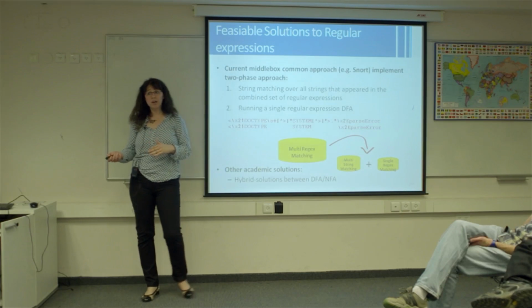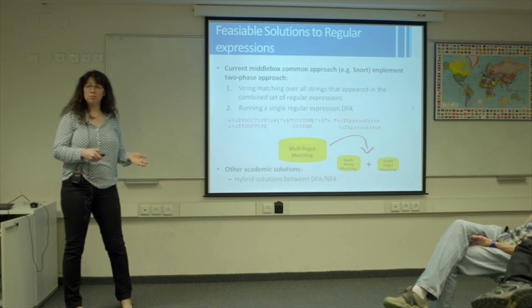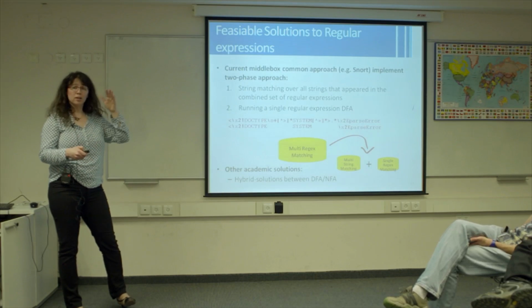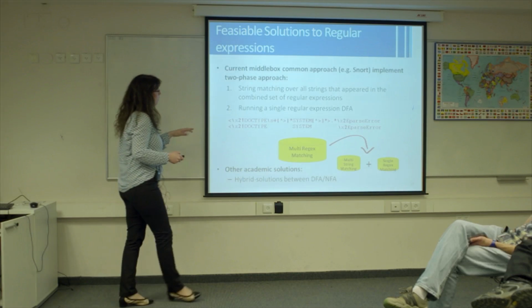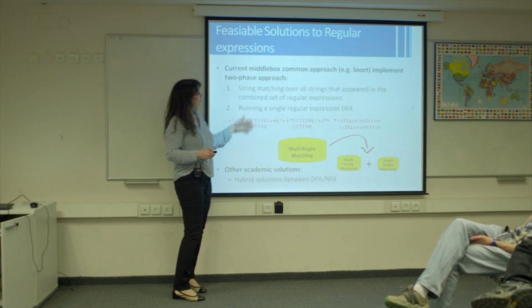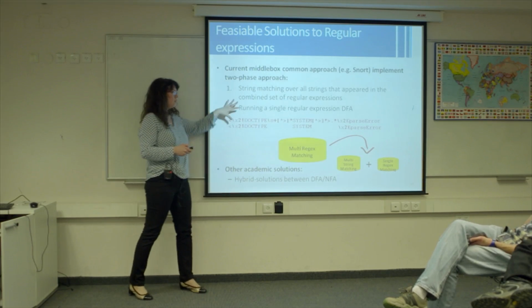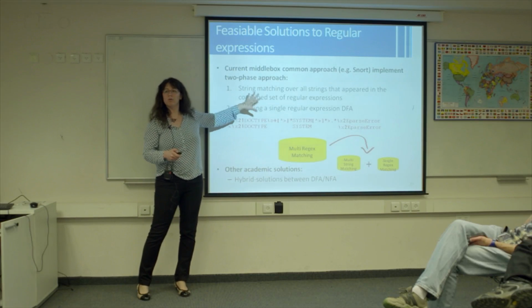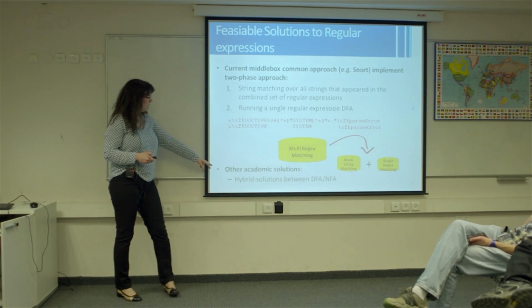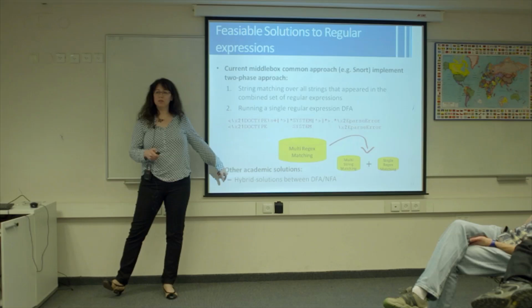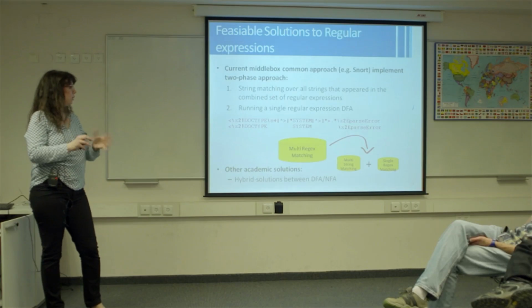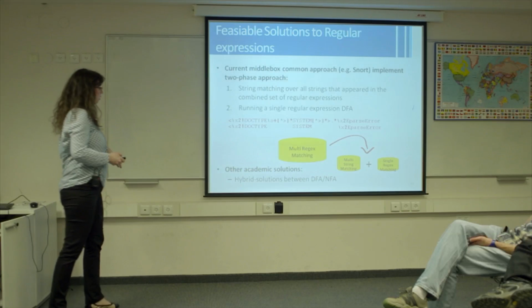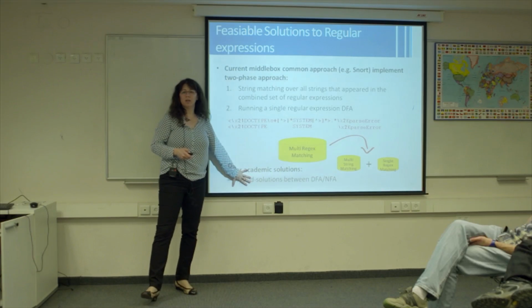And if you have several regular expressions that matched, they will run again and again a single DFA for the corresponding regular expression. So you can understand it takes time, okay? But in most cases, it works. On average, it works. Another academic solution is to try to do some hybrid approach between DFA and NFA. There is a lot of work on how to do it smartly.